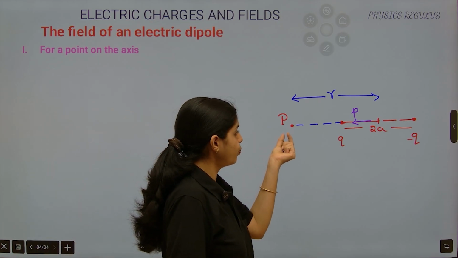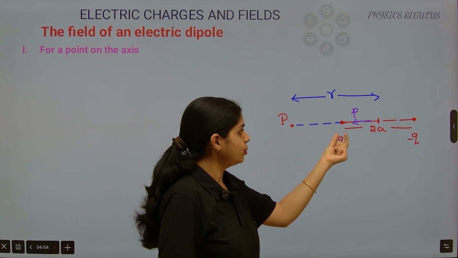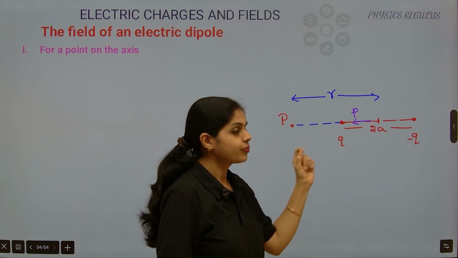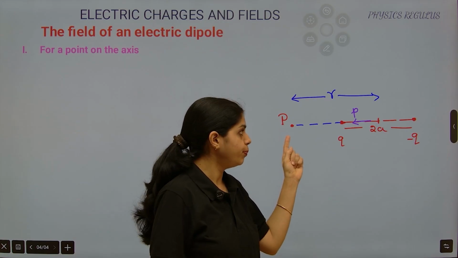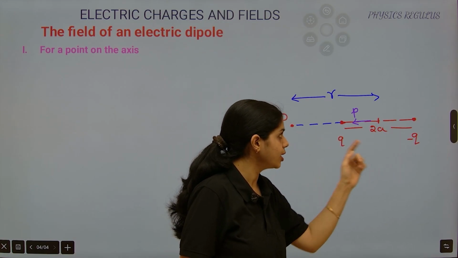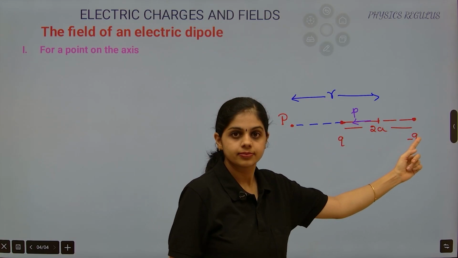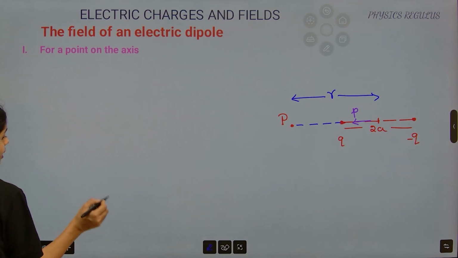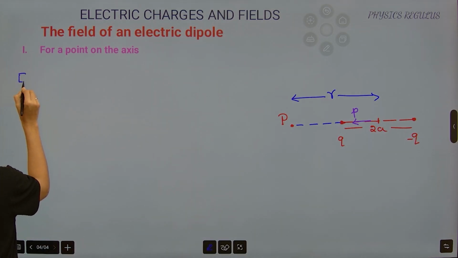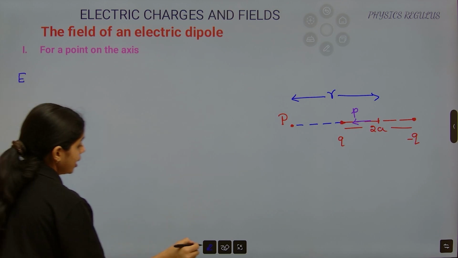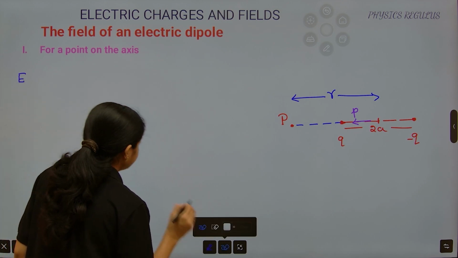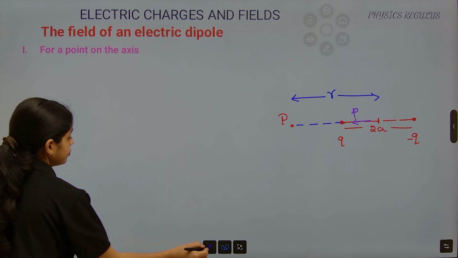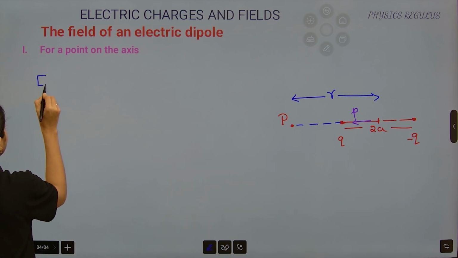The distance between point P and charge Q is R minus a, and the distance between point P and charge minus Q is R plus a. First, let us find the electric field at point P due to charge Q, E_Q.